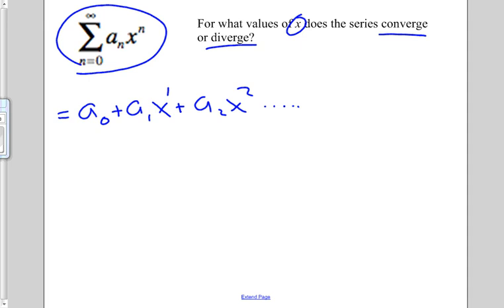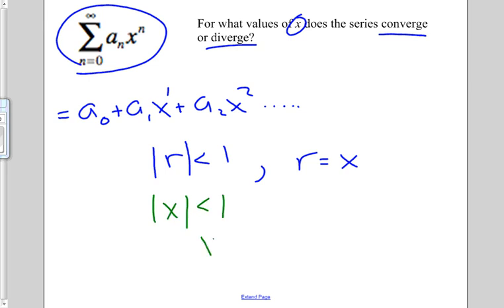Well, you know that a power series converges when the absolute value of r is less than 1. And our r value here is x. So this is going to converge when the absolute value of x is less than 1, or when x is between -1 and 1.